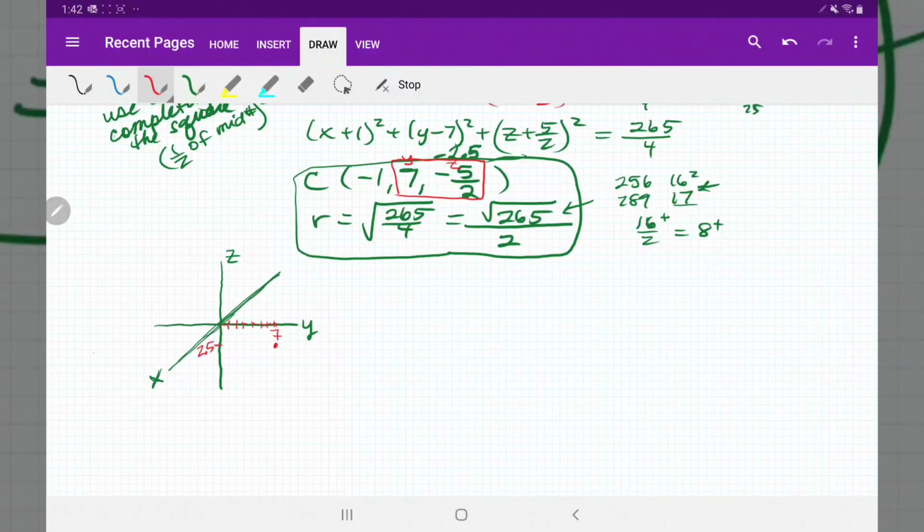So draw a path to your C. Draw an up radius and a down radius, and I want to go a little more than 8. And then you're going to go to the side. So you go the x-axis that way and the x-axis this way. And then for the y, you're going to go to the right and to the left.